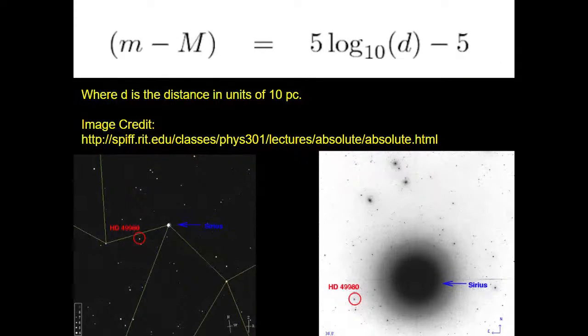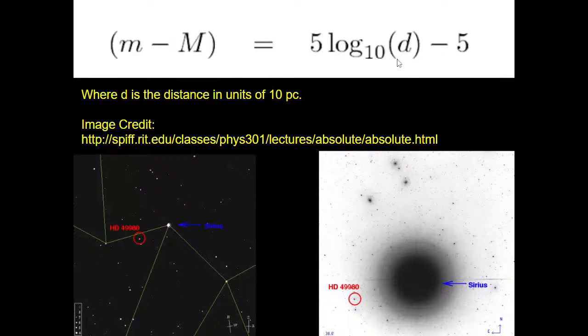And therefore, the absolute magnitude is nothing but the apparent magnitude provided that object is brought to a distance of 10 parsec. As you can see, if you bring an object to a distance of 10 parsec, d becomes 10, log base 10 of 10 is 1, so 5 minus 5 becomes 0, and then apparent magnitude becomes the absolute magnitude. Okay.